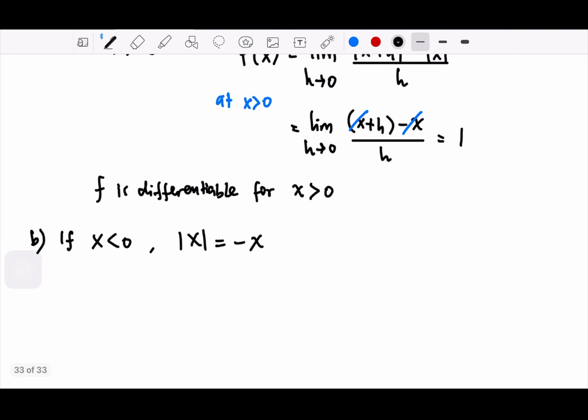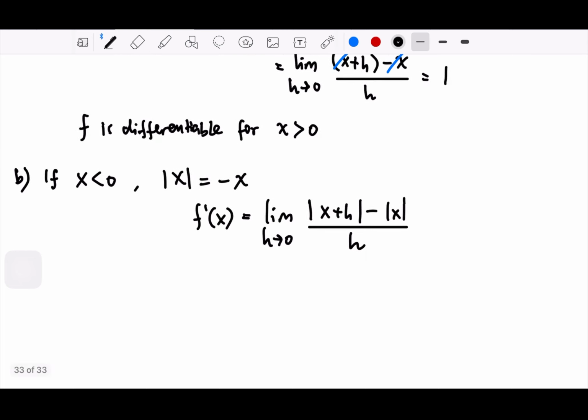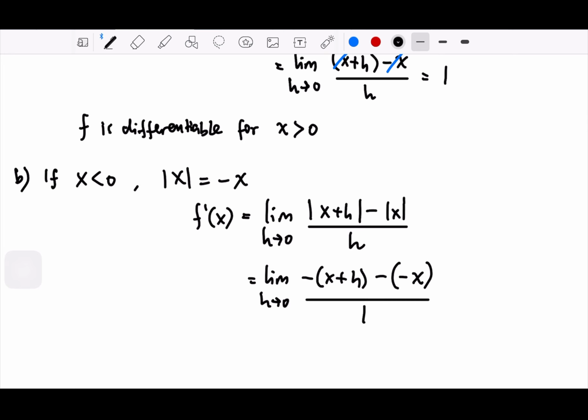Then similarly, from what we have done, we can write the derivative using the limit. Let me write the whole thing first. The absolute value becomes negative x plus h, minus negative x, and then over h.